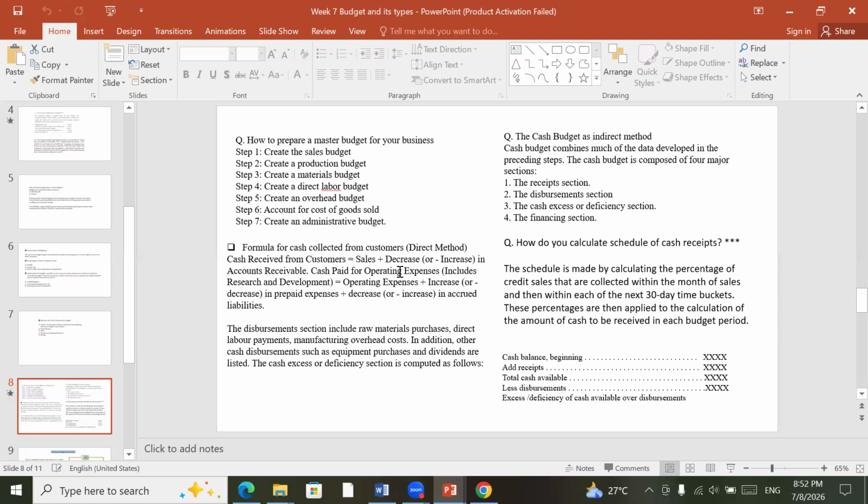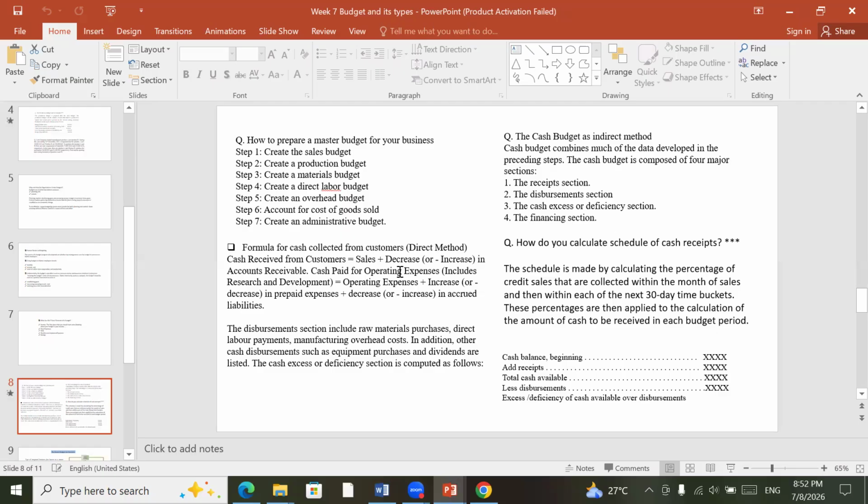If cash inflow is more than cash outflow, this will be the cash surplus. If the cash outflow is more than the inflow, that will be a deficit or shortage of cash. This is the actual figure to find out the cash budget. To ready the cash budget, we have to follow the cash schedule. And there are two ways to ready the cash schedule: number one direct and number two indirect.